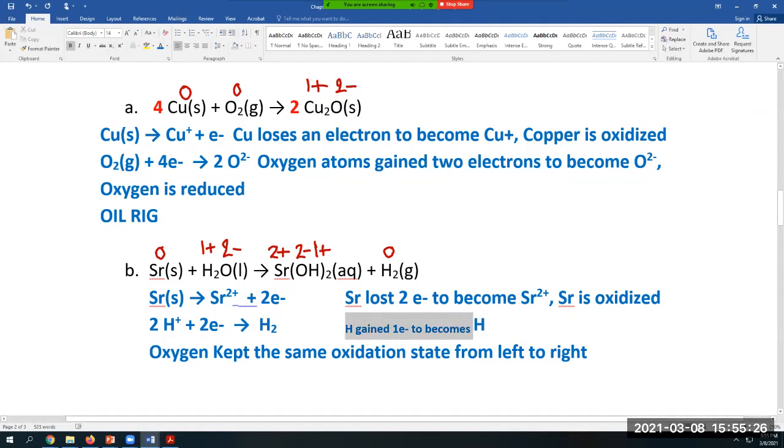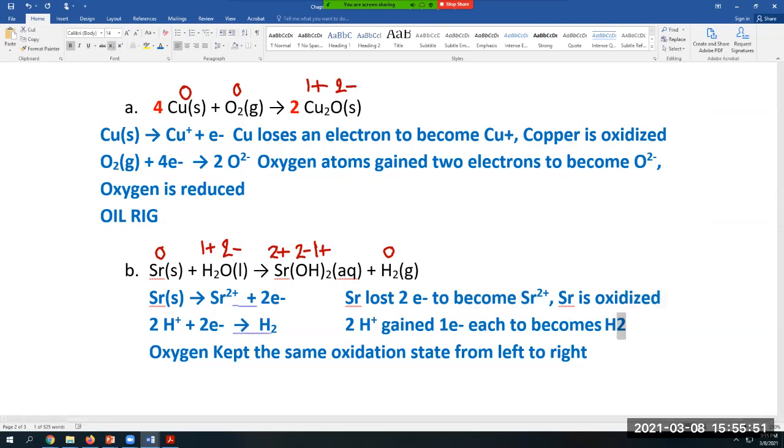Maybe I'll write this differently and say that 2 H plus gained 1 electron each to become H2.